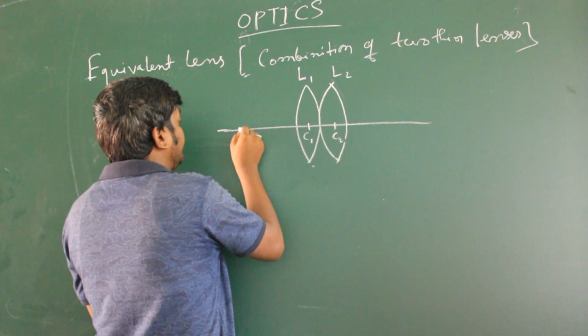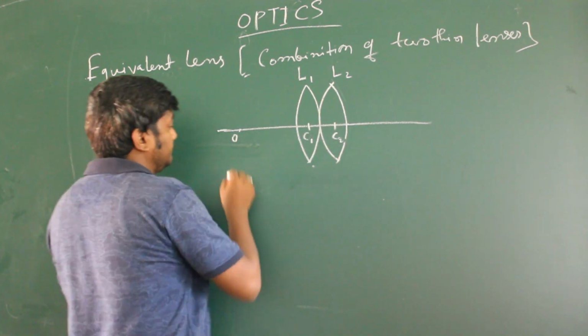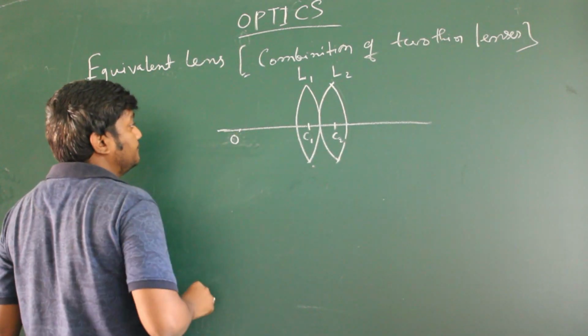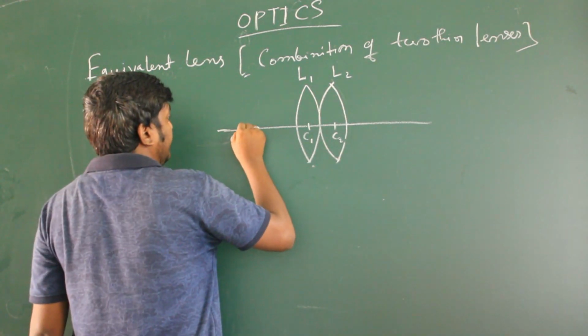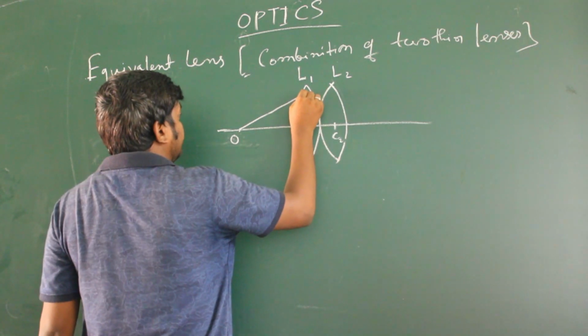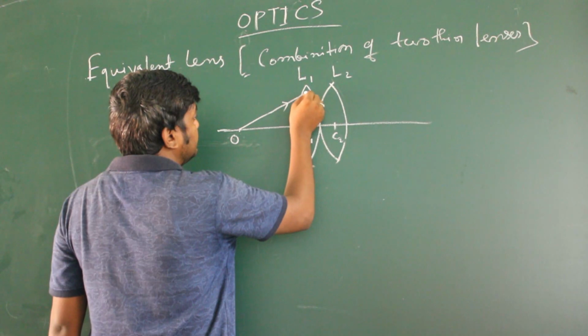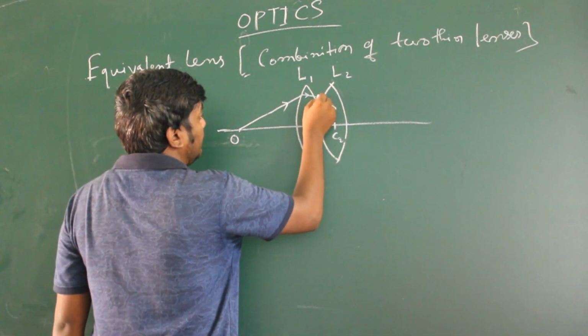Now we consider one point object O. A ray is incident on lens 1 and then refracts like this.